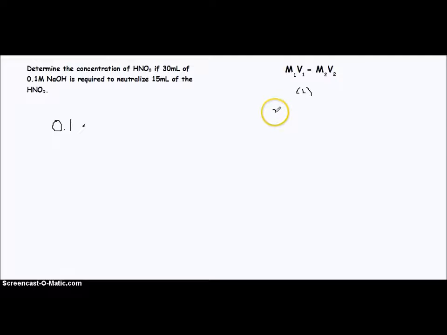So what you do is you start off with 30 milliliters, and we set it up like this, where we have 1,000 milliliters over 1 liter. And what you get is 0.03 liters, like so.